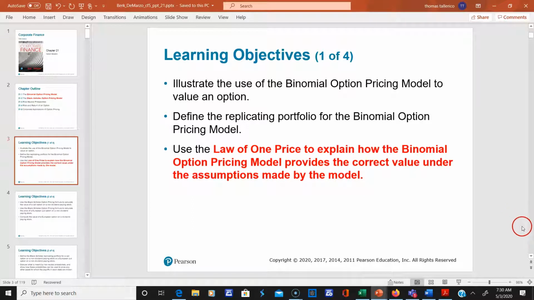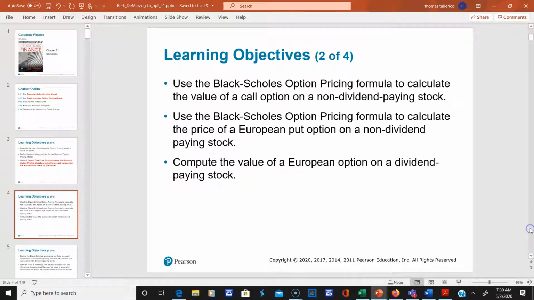That's the underlying theme here. And then we'll look at the binomial in an introductory way, and then we'll look at the Black-Scholes model to calculate the value of a call option. You'll notice here it's a non-dividend paying stock, and it's a European option.